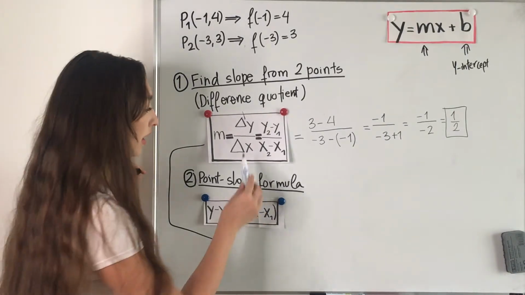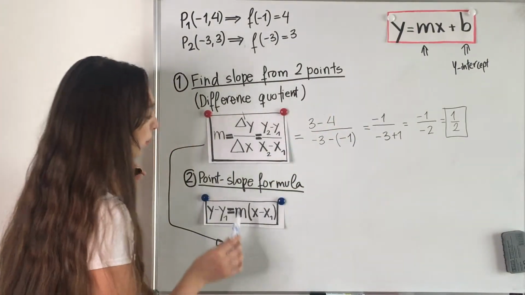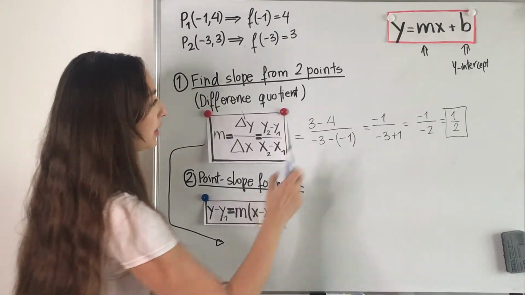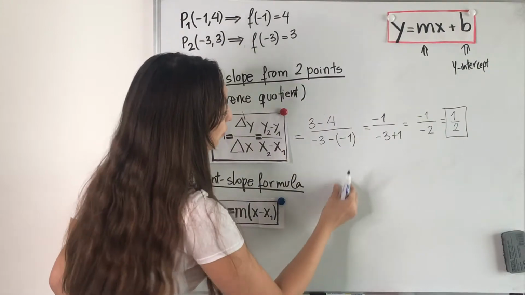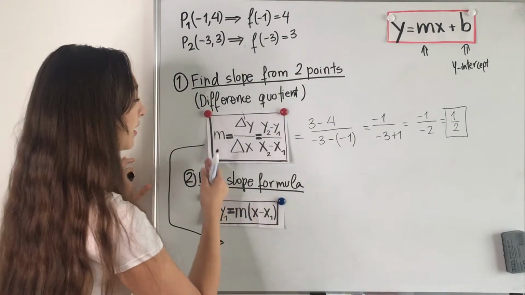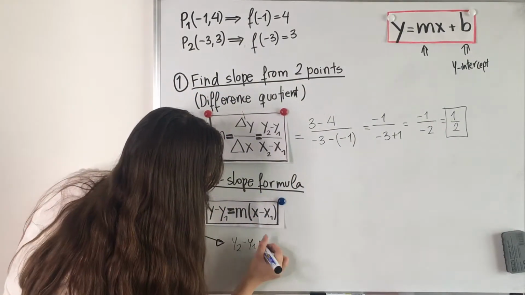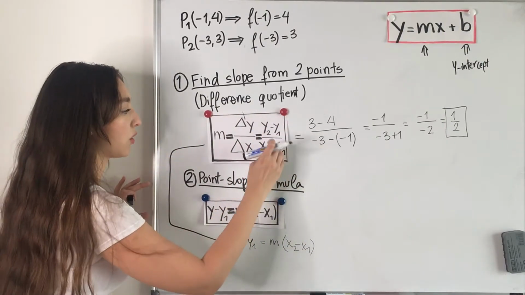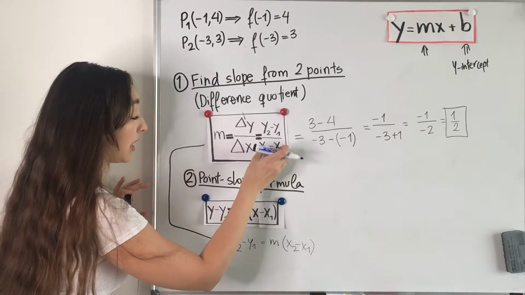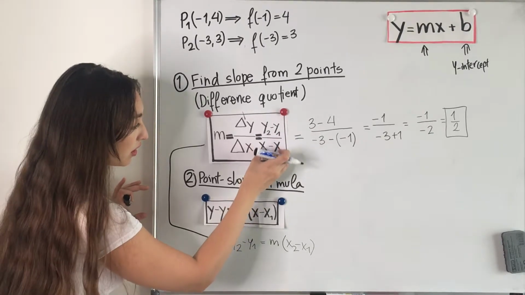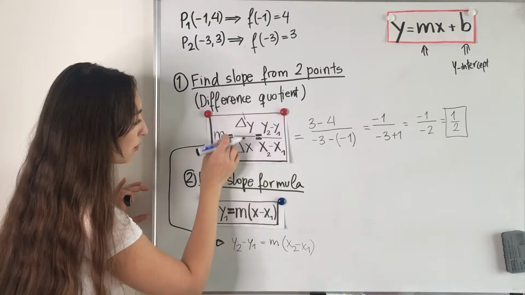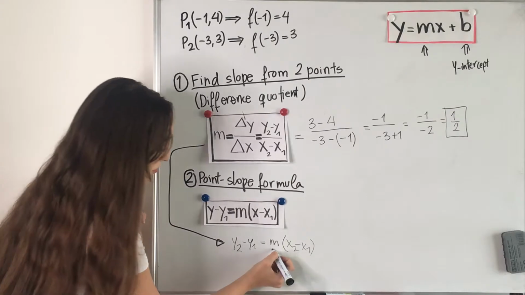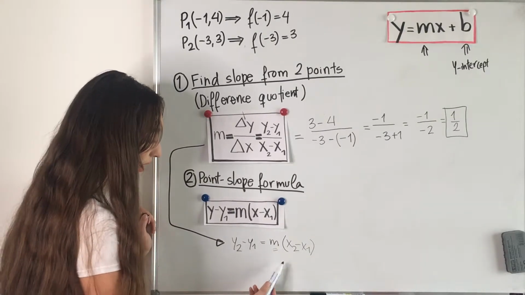So if we take a look at this and at this formula and we want to make them look alike, what we're going to do is keep the y's on one side of the equation and move the rest to the other side. If we keep the y's on one side and then take the x's, because they're in the denominator here, when I move them to the other side of the equation, they multiply the m, so it would look something like this.